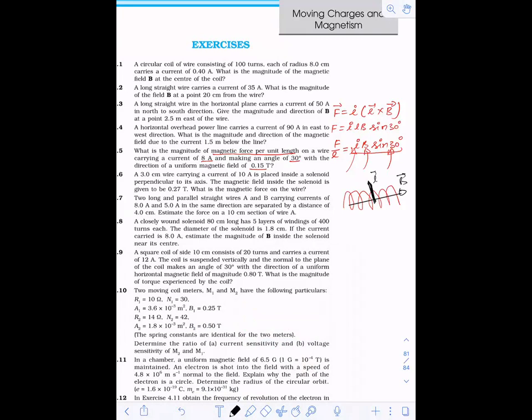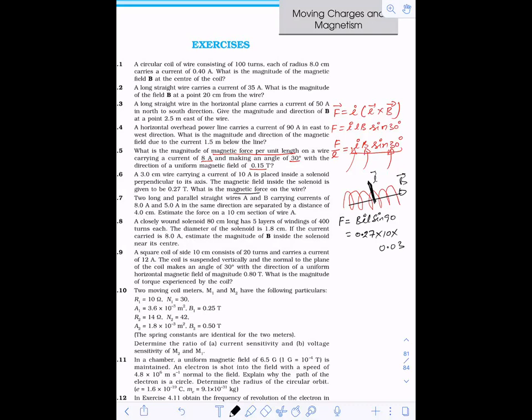What is the angle between them? 90 degrees. So the force is BIL sine of 90 degrees. Sine 90 is 1. B is 0.27, current is 10, and length is 3 centimeters, so 0.03. You can solve this equation and get the value.